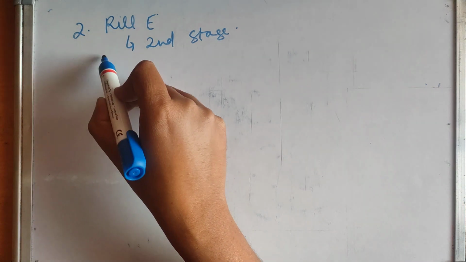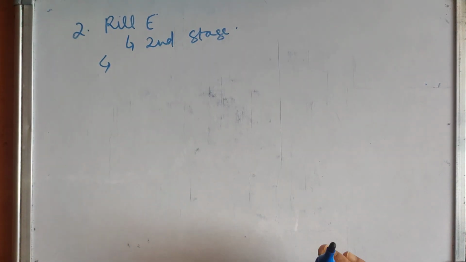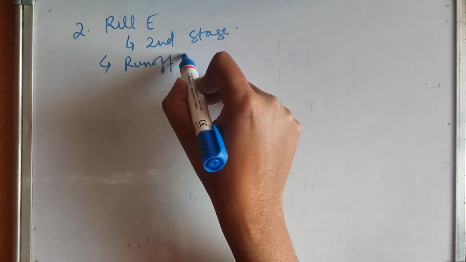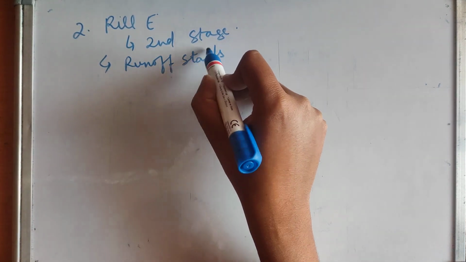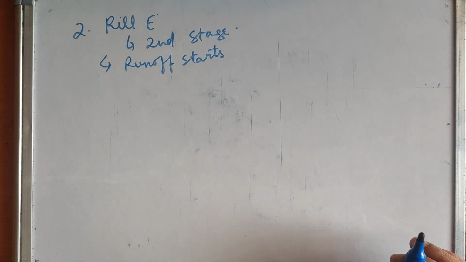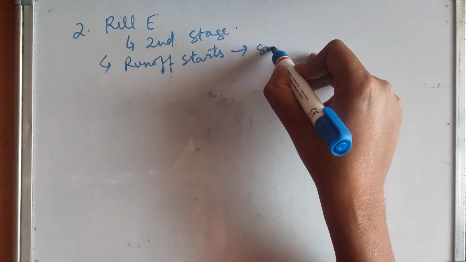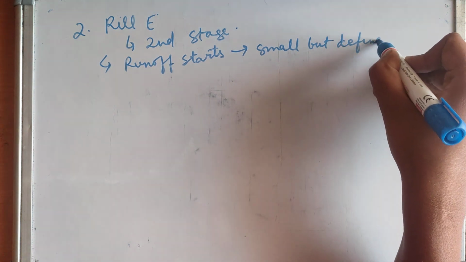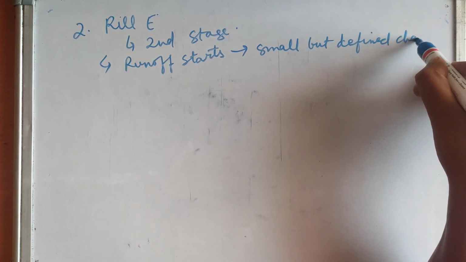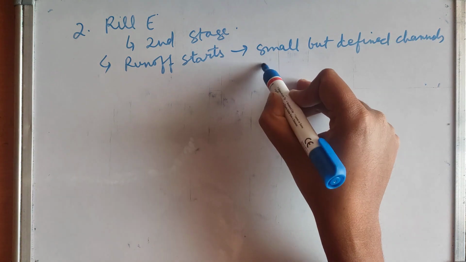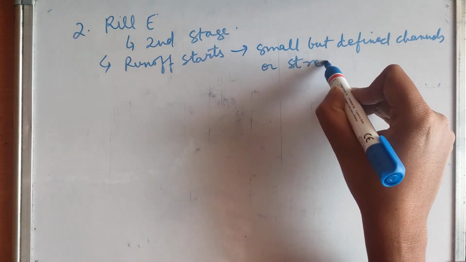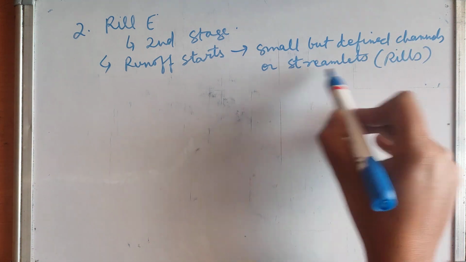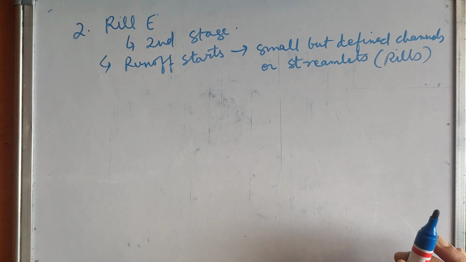Here, when runoff starts, the soil is lost in small but defined channels, or streamlets. These streamlets are also called rills. So from here the name comes, rill erosion.